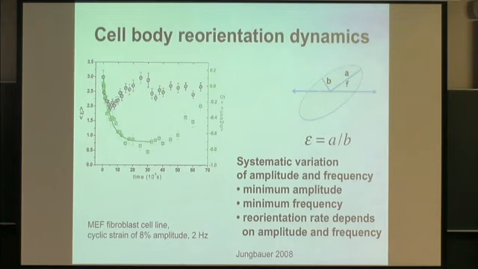They studied how fast the orientation would go if you switch on the signal, the cyclic straining, and how fast the orientation of the system would decay after you switch it off. So there's quite interesting dynamics in there. They found that the reorientation rate depends on amplitude and frequency. The more amplitude you apply, the faster, and the faster you have the cycling, the faster the reorientation is.